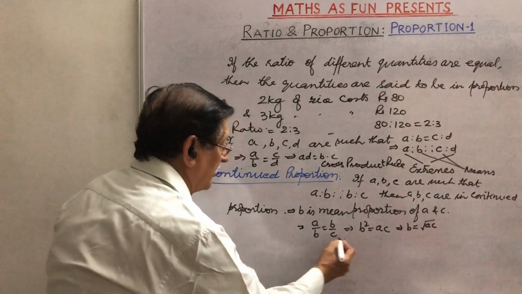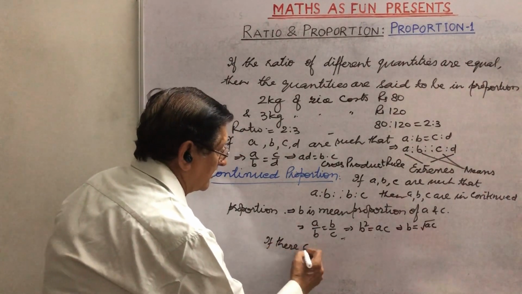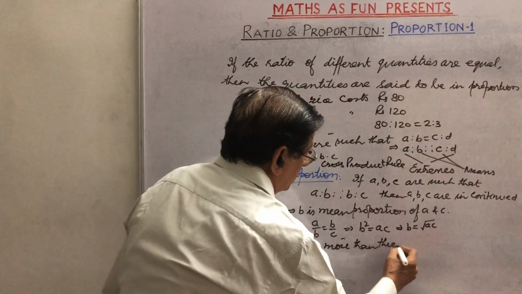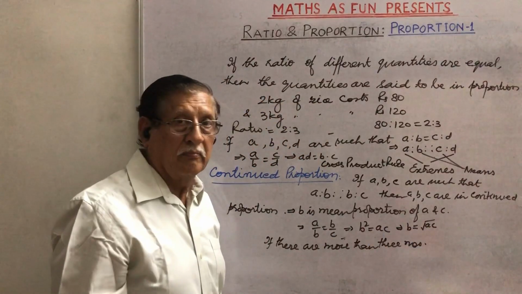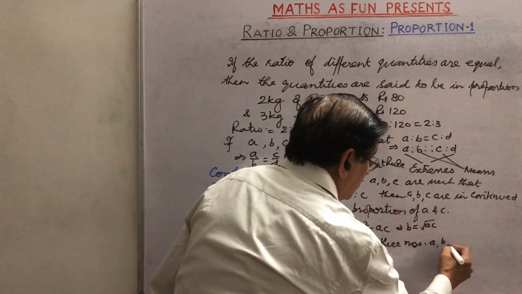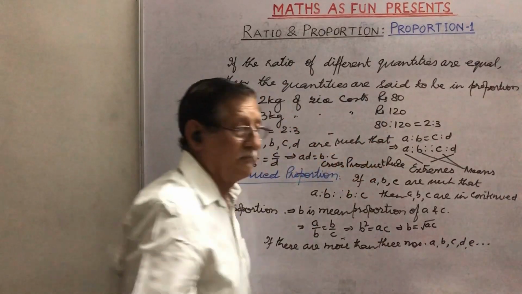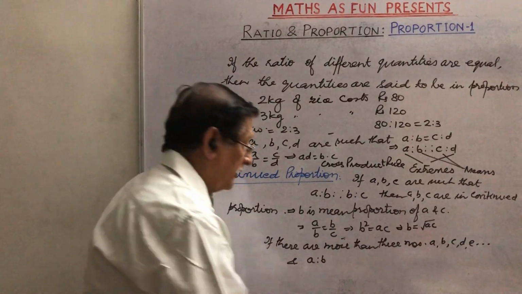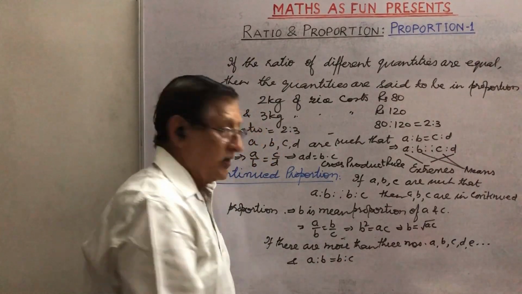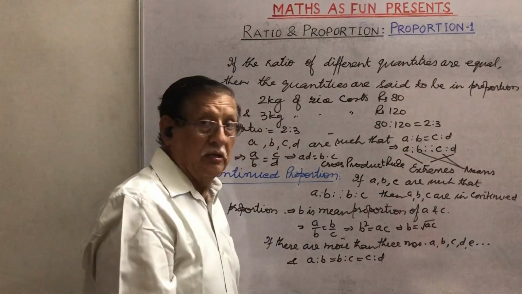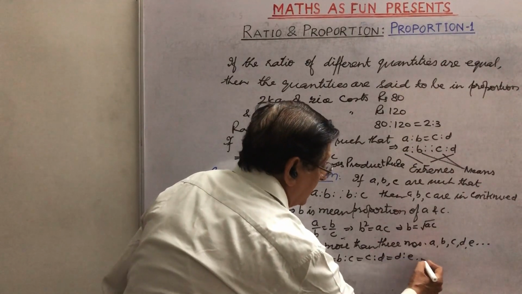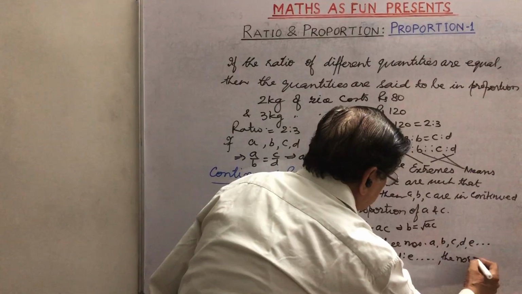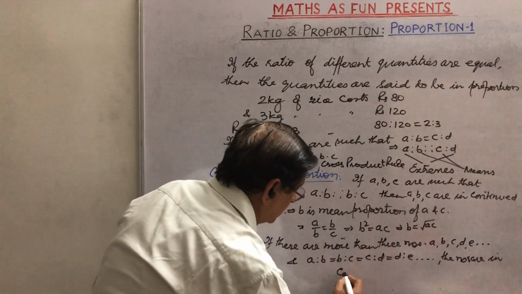Now, if there are more than three numbers, like A, B, C, D, E, etc., and we find that A is to B is equal to B is to C is equal to C is to D is equal to D is to E, etc., then we say the numbers are in continued proportion.